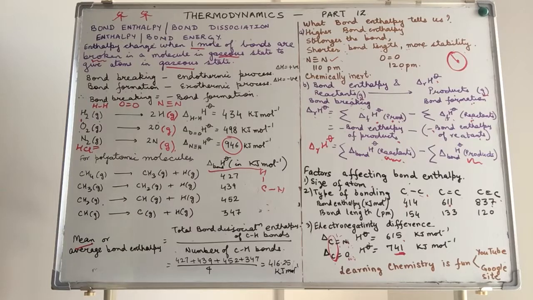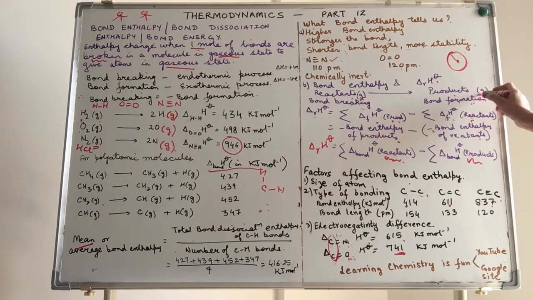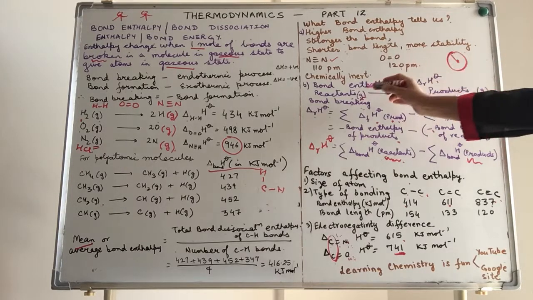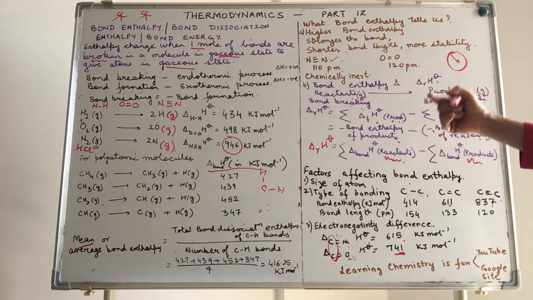After watching this video, try and attempt numericals based on bond enthalpy and enthalpy of a reaction. But when you are doing the numericals, be careful that your reactants and the products have to be in gaseous form. If they are not, let us suppose one of your reactants is in the form of a solid, then in your calculations you add one more step.